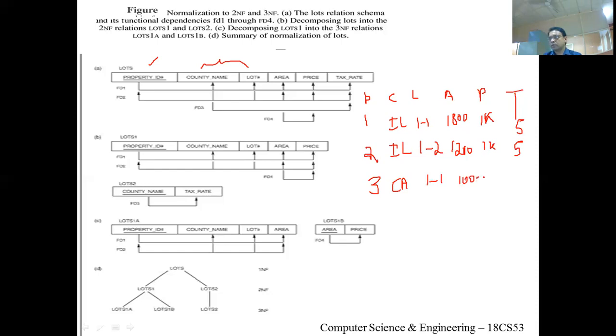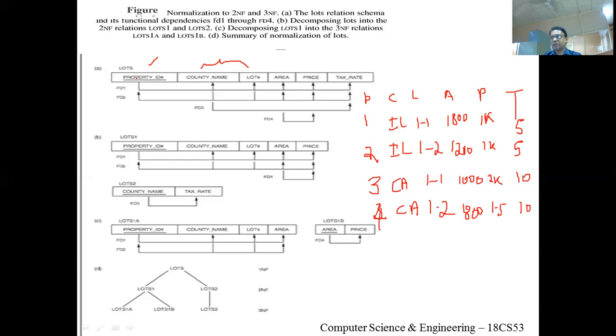So here the property cost is a little bit more, 2K, and tax rate 10%. Property ID 4, California, 1-2, 800 square feet, 1.5K, tax rate 10%. Now, with this data set, I can say that property ID is unique.